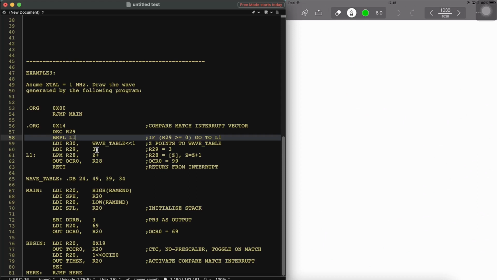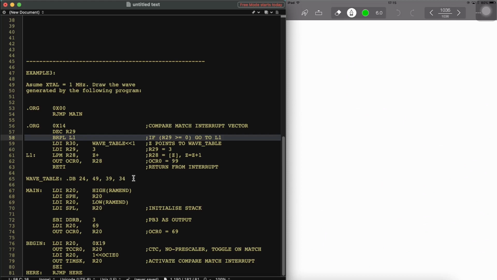So 3 minus 1 is going to be 2. Moving to the next value, it's going to be 49. Then we count to 49, and then we generate another interrupt. And then it's going to be 1, and then we count to 39, and so on and so forth. So this is the code given to us.